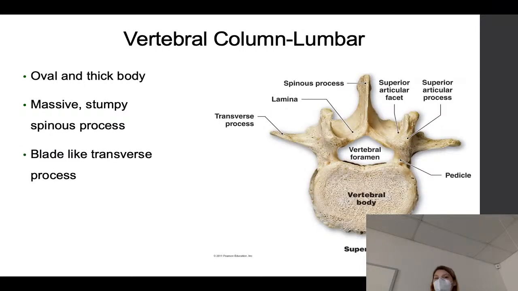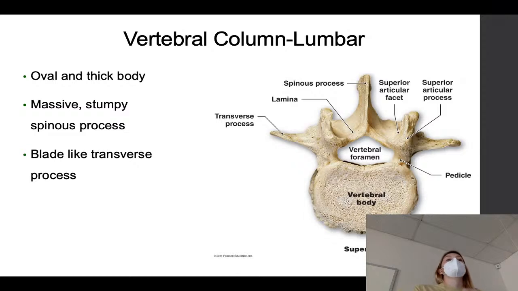Versus the lumbar vertebra, which just looking at it, you can tell how different it looks going from that to that. So it has a very thick, big oval body. So its vertebral body is much larger. It's going to have a very large and stumpy spinous process, so very thick and short.